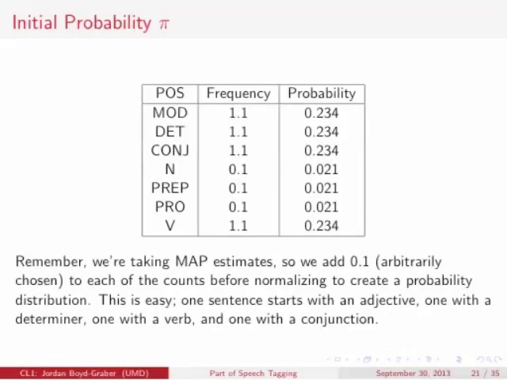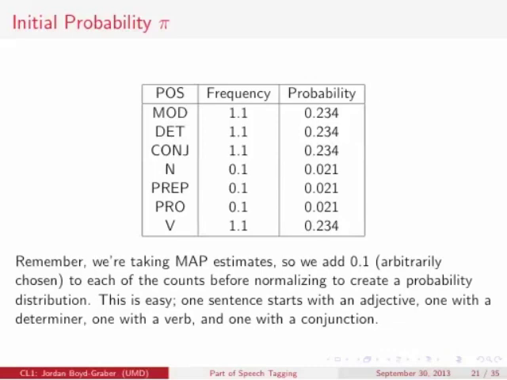Let's say that we want to estimate the initial probability pi of starting in a particular part of speech. So we have 4 sentences. We have 4 parts of speech that we observe starting sentences. These are a modifier, a determiner, a conjunction, and a verb.